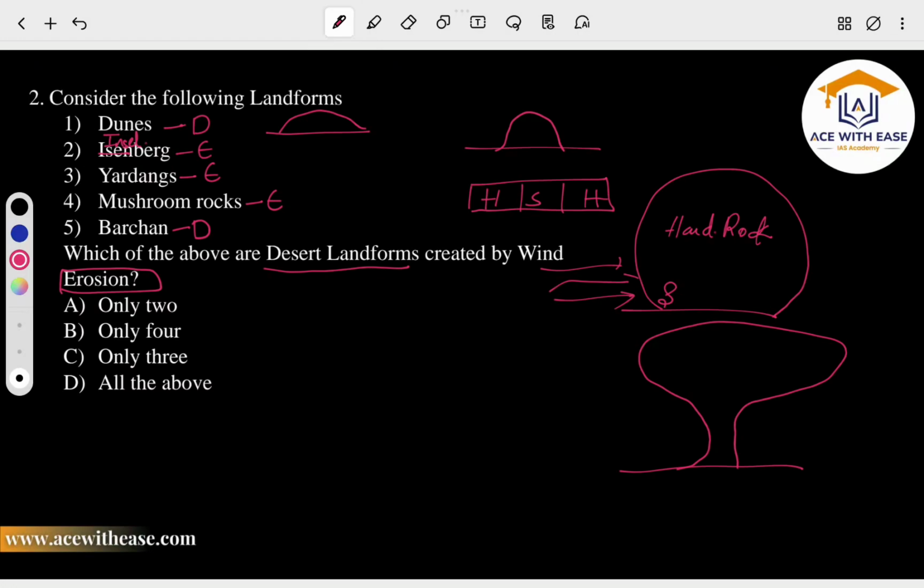The mushroom rock is also called the pedestal rock. So here we have 3 erosional landforms and 2 depositional landforms, and the correct answer is only 3.